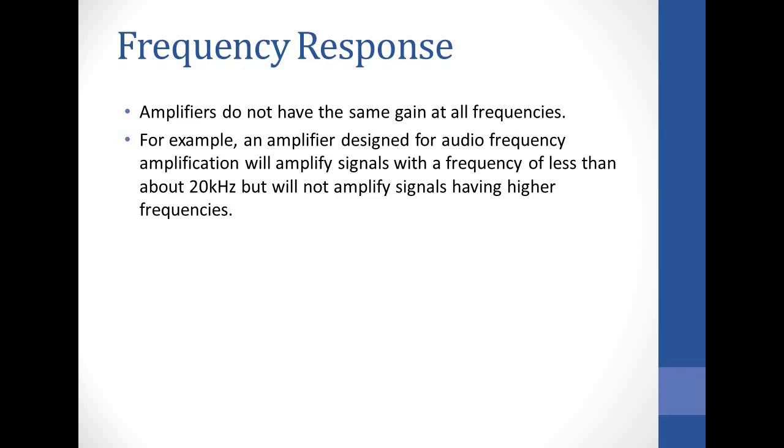Audio frequencies range up to 20 kilohertz, as shown here, maybe from 10 Hz to 20 kilohertz. So what basically happens is that when you are using an audio frequency amplifier, it can only amplify frequencies below 20 kilohertz. Anything above 20 kilohertz is not amplified.